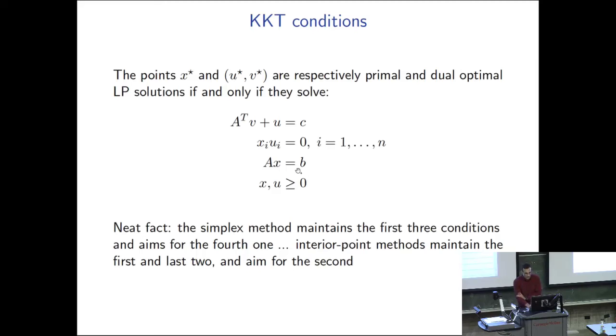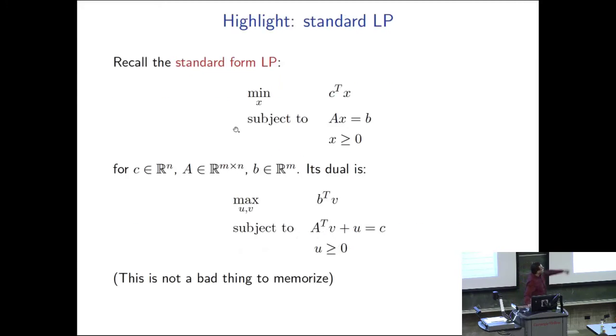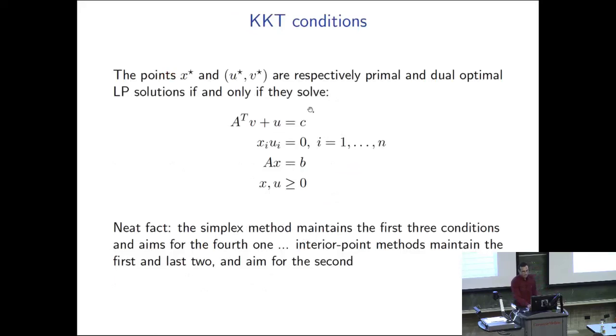So what are the KKT conditions for the standard form LP? When do I have a solution here and a pair of dual solutions, or a dual solution u, v here? They have to satisfy the KKT conditions. Stationarity is just this guy: A transpose v plus u is equal to c. Complementary slackness is xi ui equals 0.